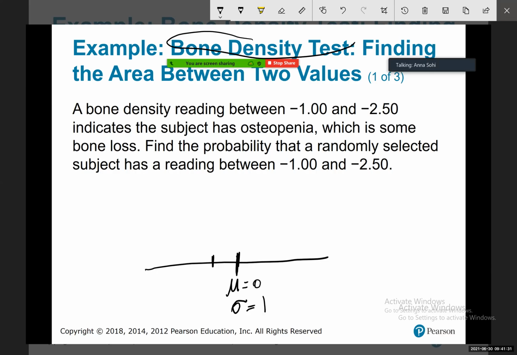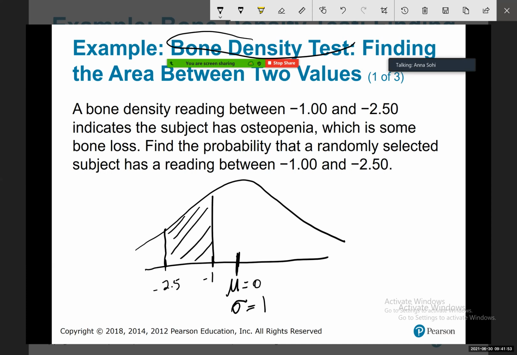Between -1 and -2.5, I would say eyeball and say where is -2.5, where is -1. Graph a bell shape between them, so here we go. So now I want you to find, you would say normal CDF. What is lower? What is upper?